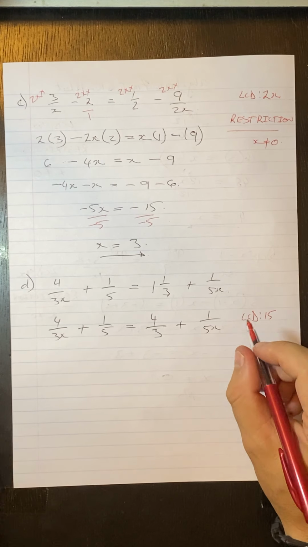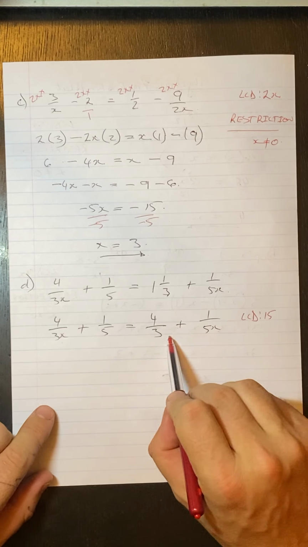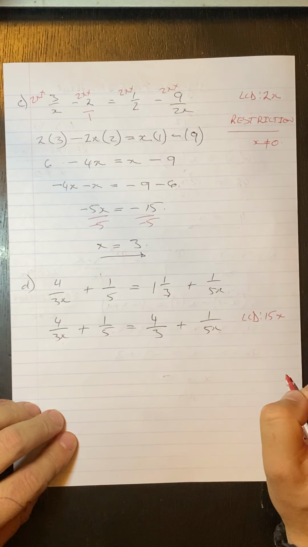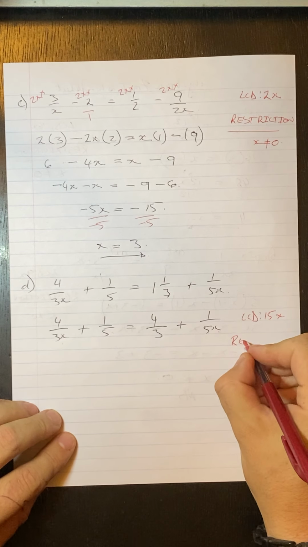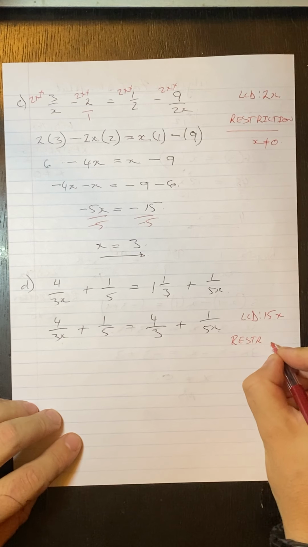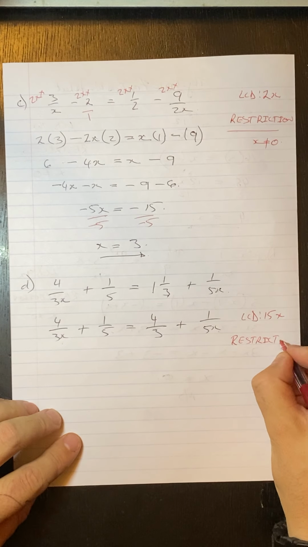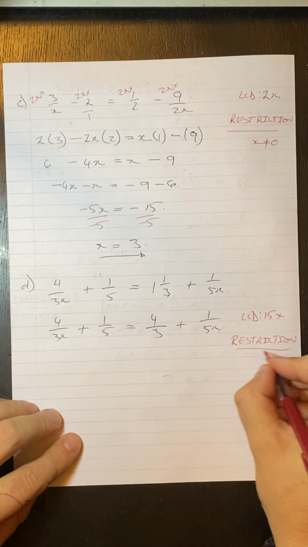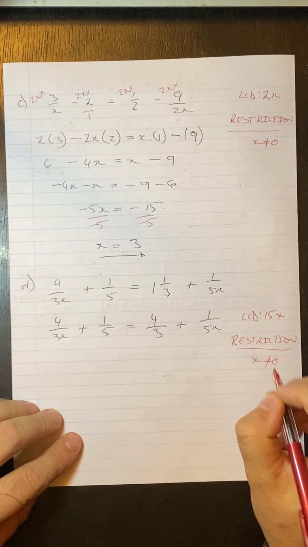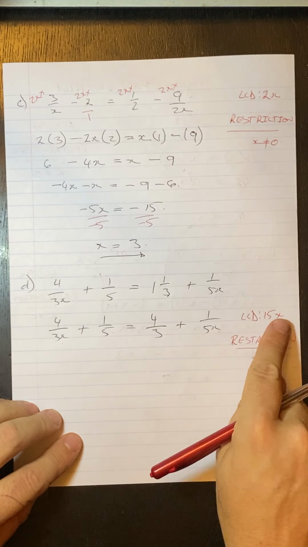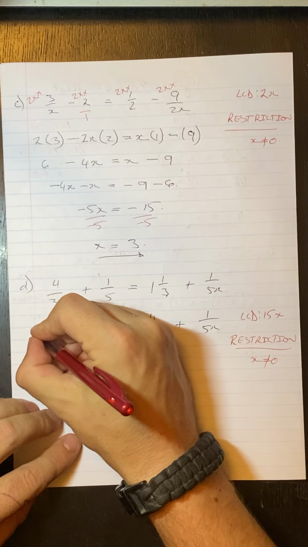And then we've got an x, and no x, so we need an x over there. I'm just going to list our restriction. Okay, multiply each term by our LCD.